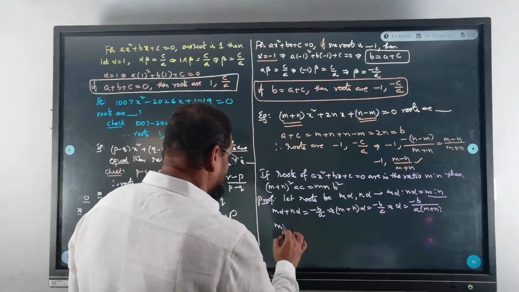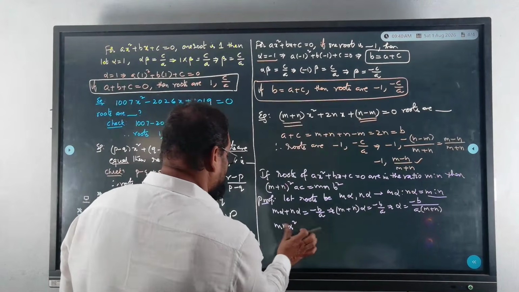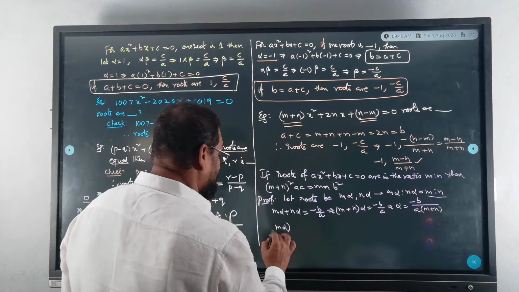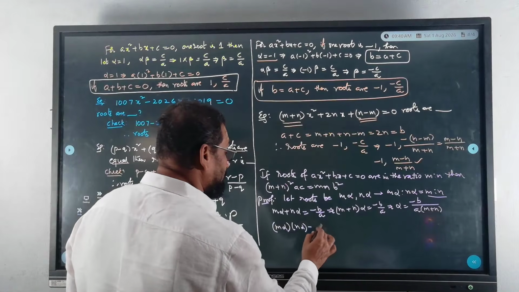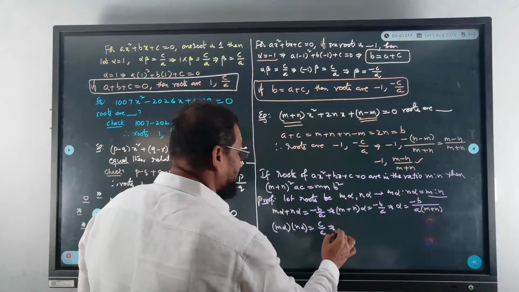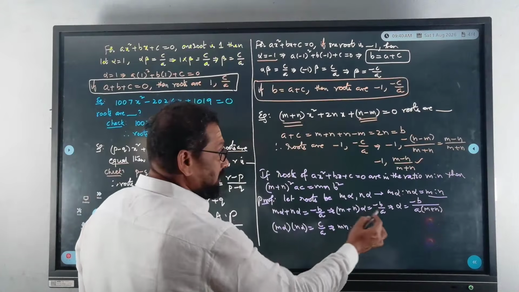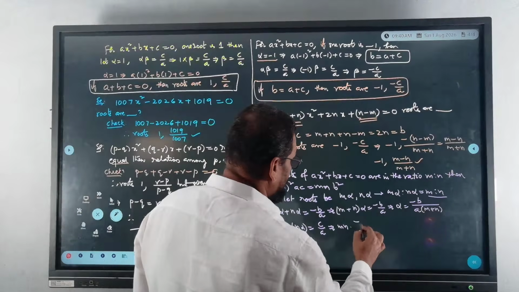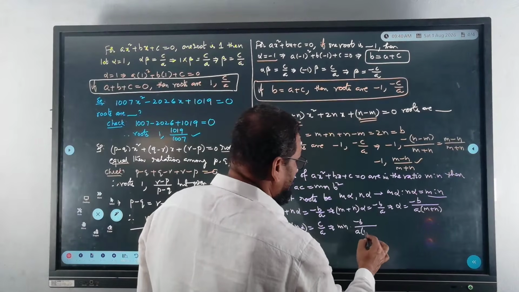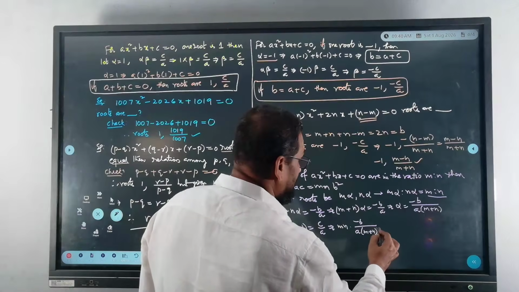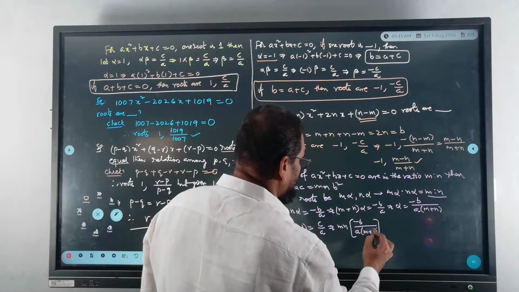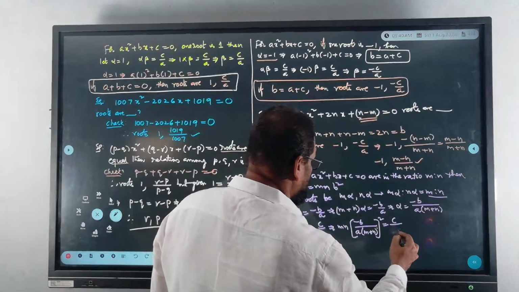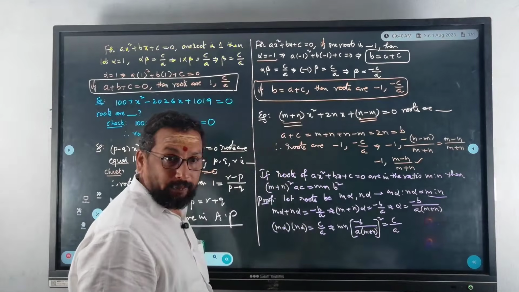Now mn alpha square, that is m alpha into n alpha, is equal to c by a. mn into alpha square, what is alpha? Minus b by a into m plus n whole square is equal to c by a.